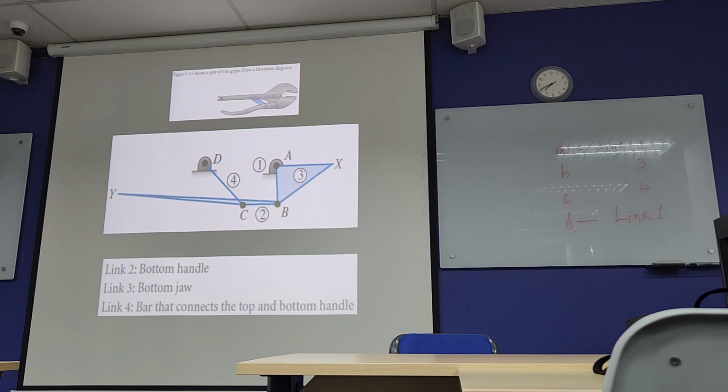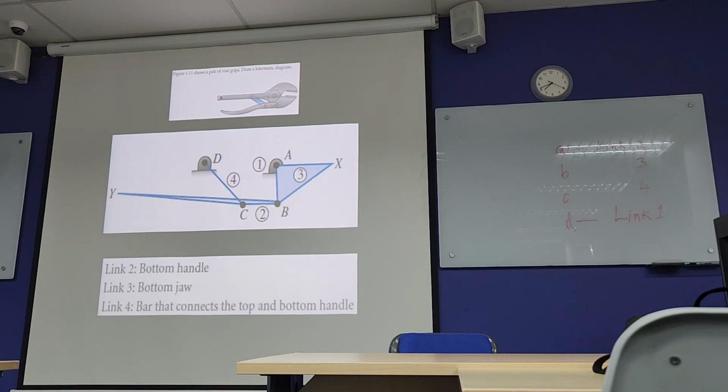X and Y are not links, right? These are just visual representations only. Now, if you want to develop this, normally for any mechanism, you will be given a figure and dimensions. Then you need to draw the position of the mechanism. This is just the background mechanism to make some sense of what you are going to do later.